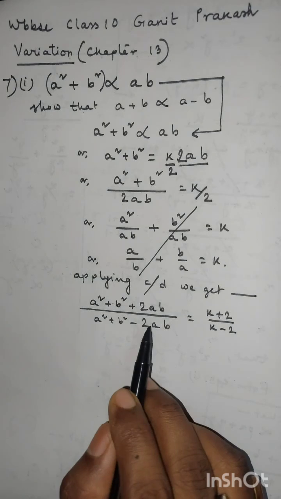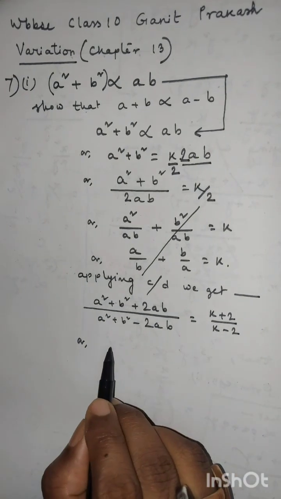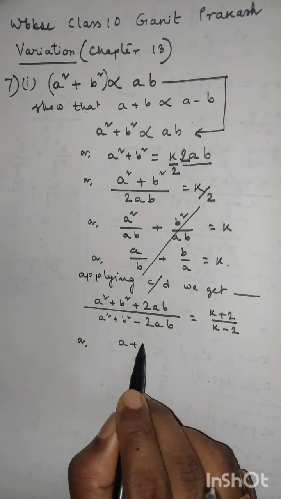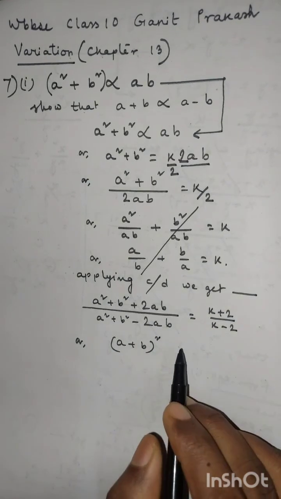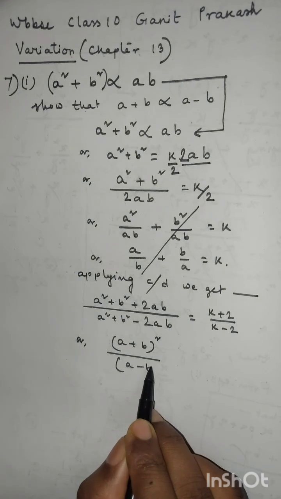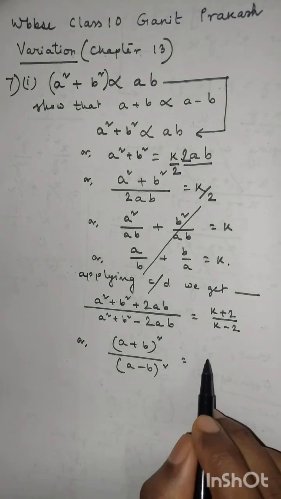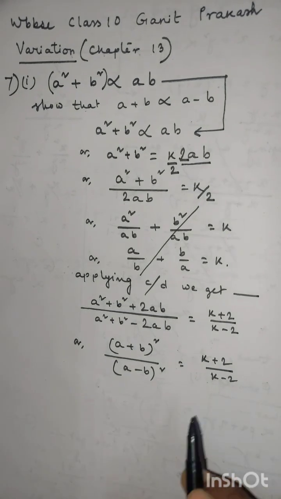Now we can write the numerator as a plus b whole square by a minus b whole square equal to k plus 2 by k minus 2.